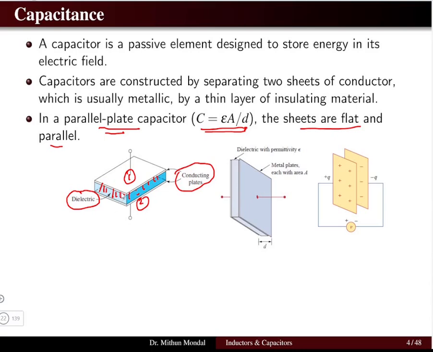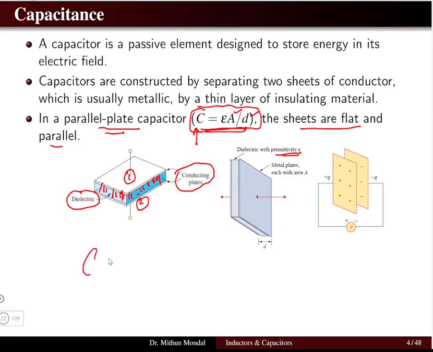Now the dielectric which is filled between the two conducting plates is defined with a property known as the permittivity. Permittivity is the property which defines the quality of the dielectric. In the formula for capacitance, epsilon A by d, we can see that the area and the distance of separation between the plates play a very important role in deciding the capacitance.